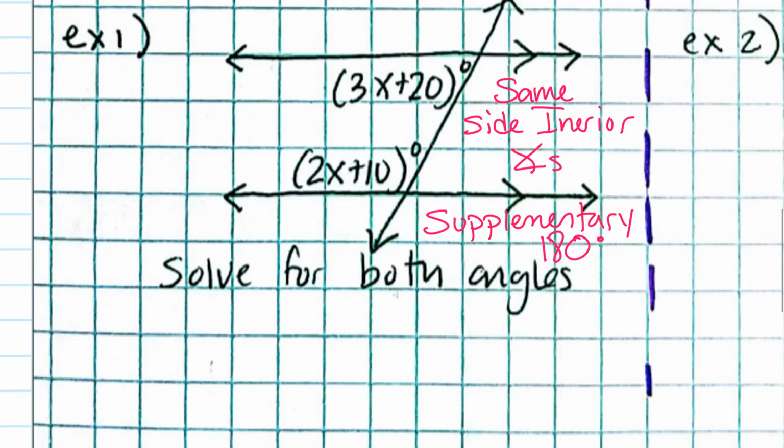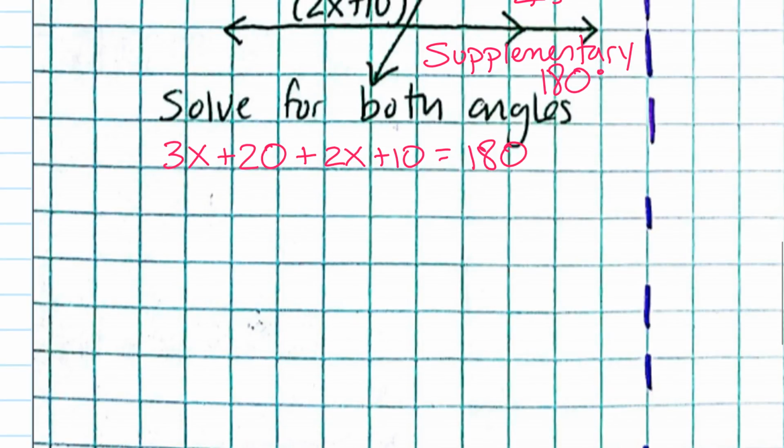Add equals 180. Good. 3x plus 20 plus 2x plus 10 equals 180. And then we just solve.